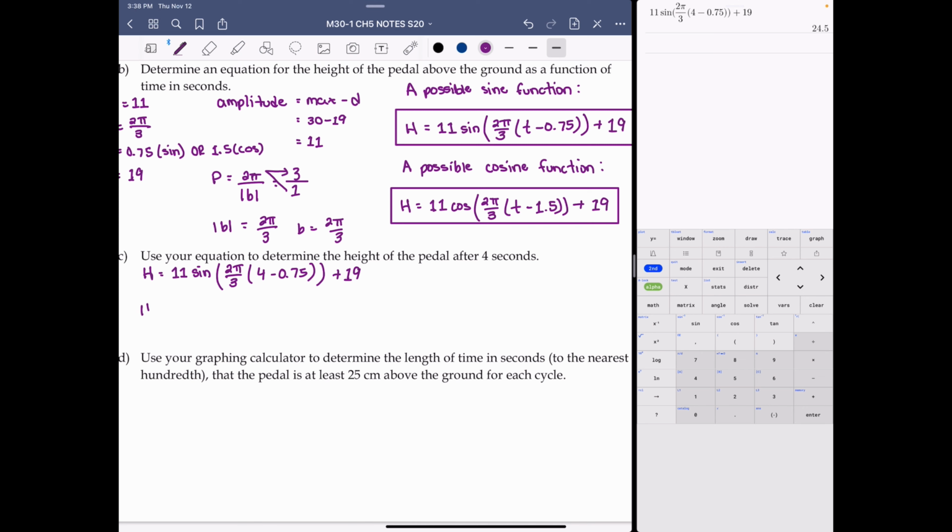So h equals 24.5. And that was centimeters. This is the height of the pedal.